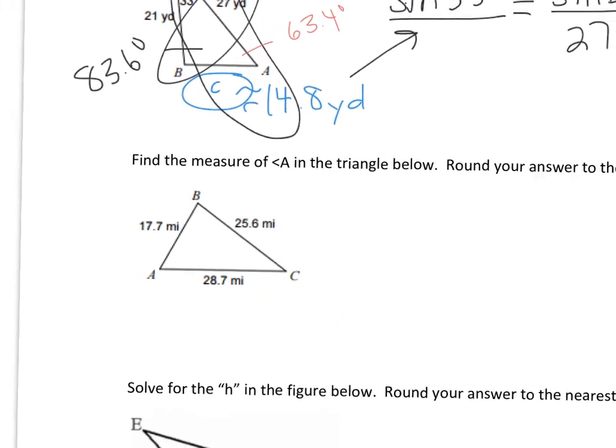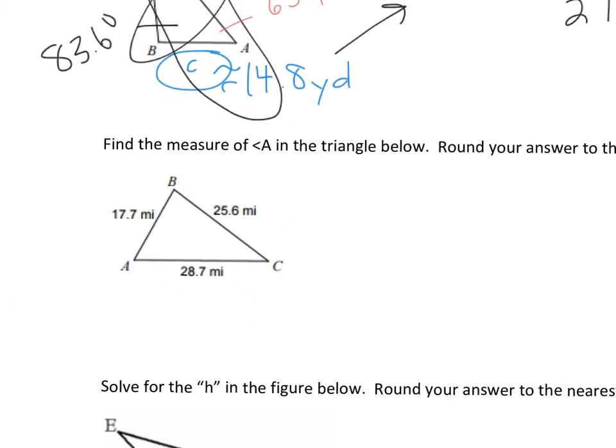And then down here, find the measure of angle A. Because I have all sides, I have to use law of cosines. So this is going to be my angle here. This is the side opposite. So this needs to be 25.6 squared equals A squared plus B squared.